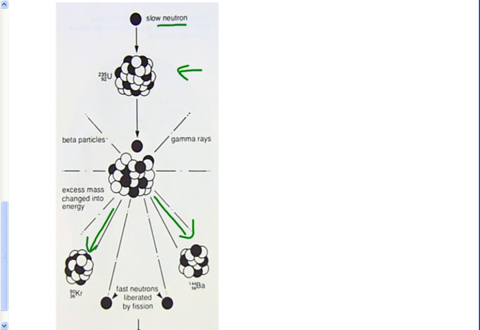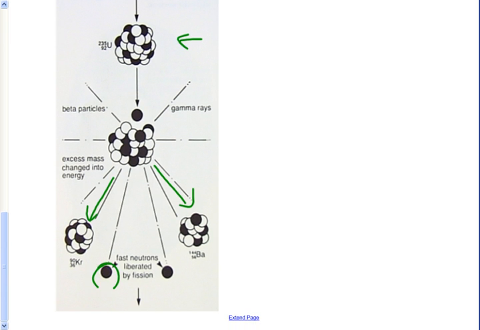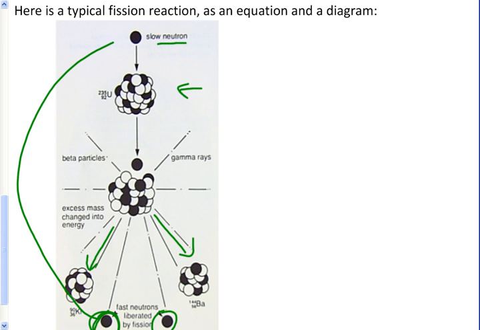And then we also get these neutrons that get expelled out as well. Now these neutrons would theoretically, as long as they get moderated, become another slow neutron for another uranium atom, and then more fission would happen. So like I said, it turns into a chain reaction.